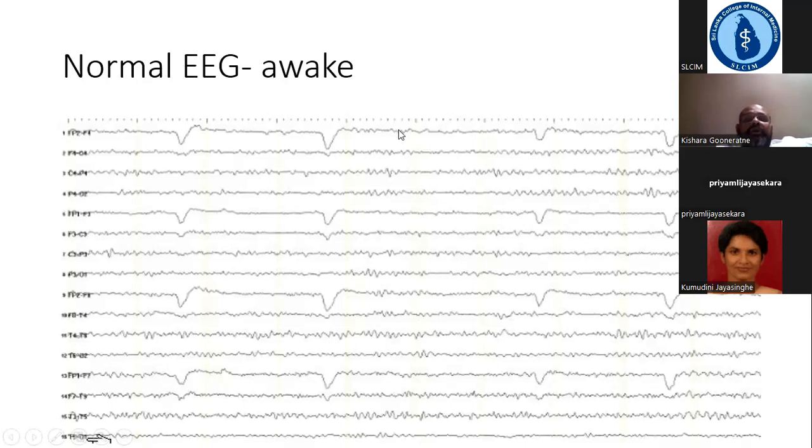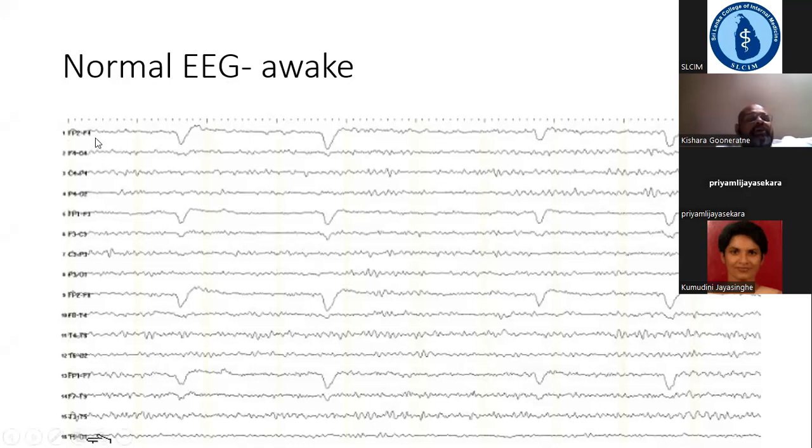Right. Now, if you can notice, you can see on the left is the montage we were talking about. So FP2 to F4 to O2. You can see the first 4 channels are going from the anterior leads down to the posterior leads.